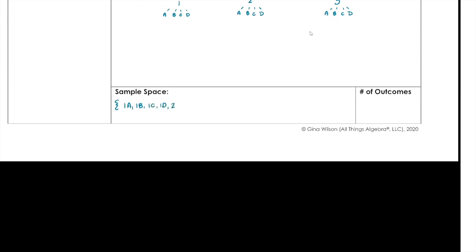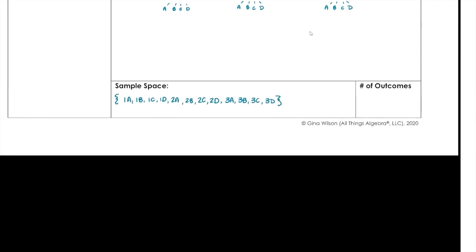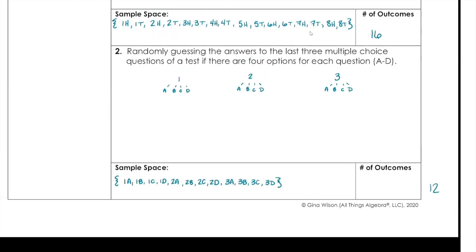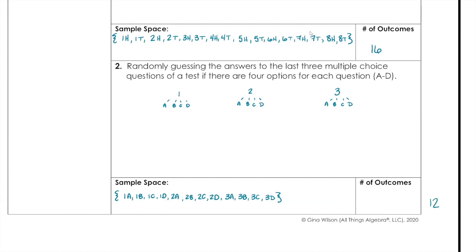And the same thing for the second question, 2A, 2B, 2C, 2D, and then lastly, 3A, 3B, 3C, and 3D. So there, curly brace, make a curly brace, there we go. So there are 12 possible outcomes on just 3 individual tests. And I did not even put that in the box.